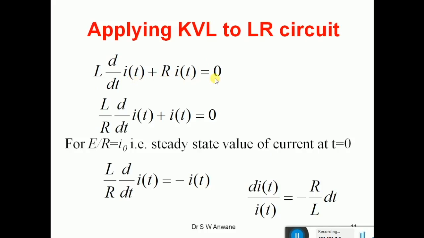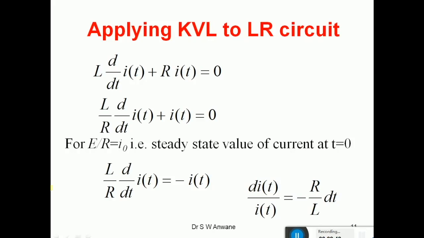This is again an ordinary differential equation of first order. We shall divide this equation by R so that we can reach a similar form, and here at t equal to 0 we consider that I0 current was flowing in the circuit, and that was the time when we flipped the switch from position 1 to position 2.